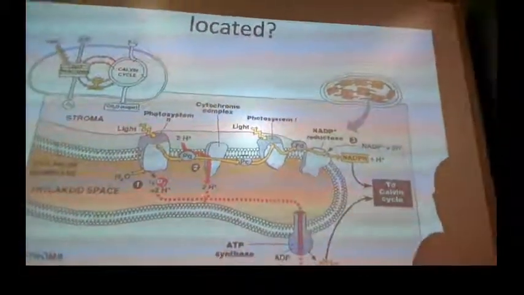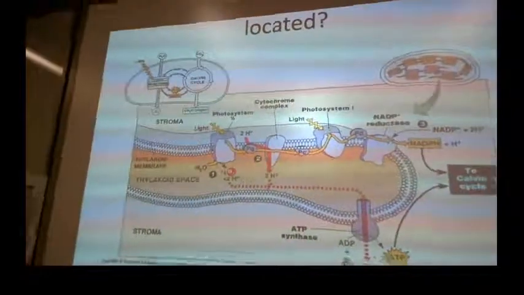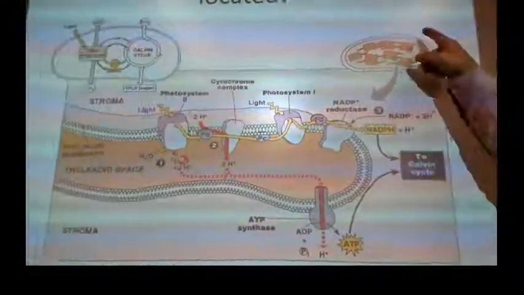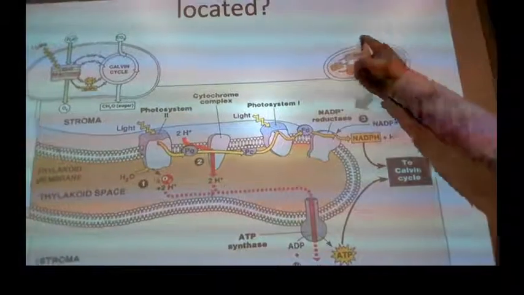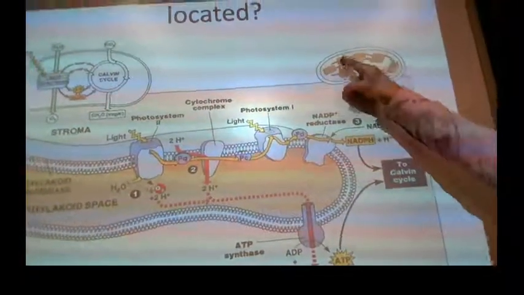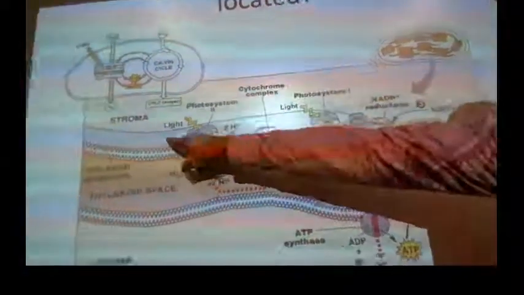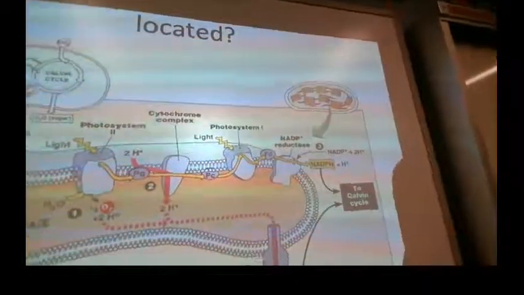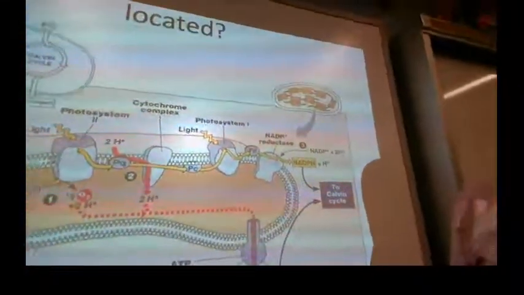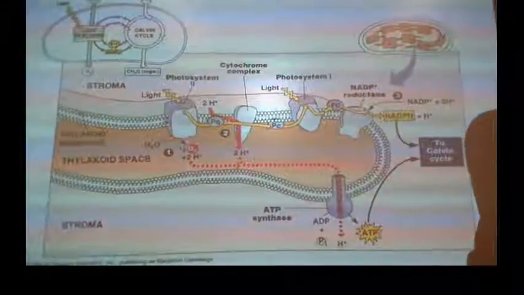So this is the chloroplast. Here's our picture up here. We have our outer membrane on our chloroplast, and then in here we have all of these inner membranes. This is the zoomed in version of the inner membrane. Try to get that so that you can see exactly what's going on.